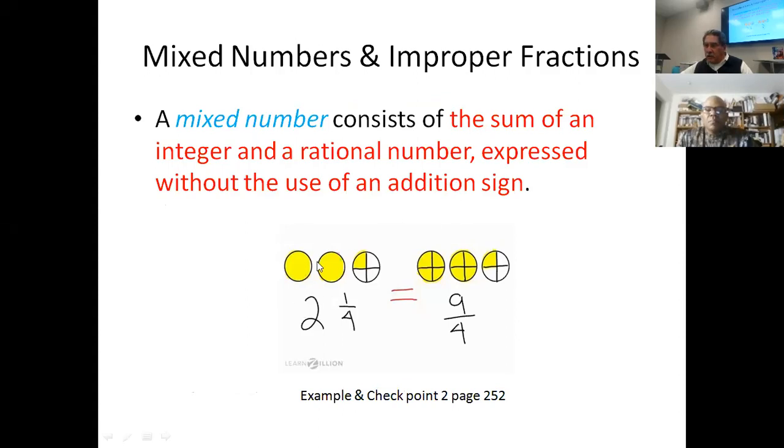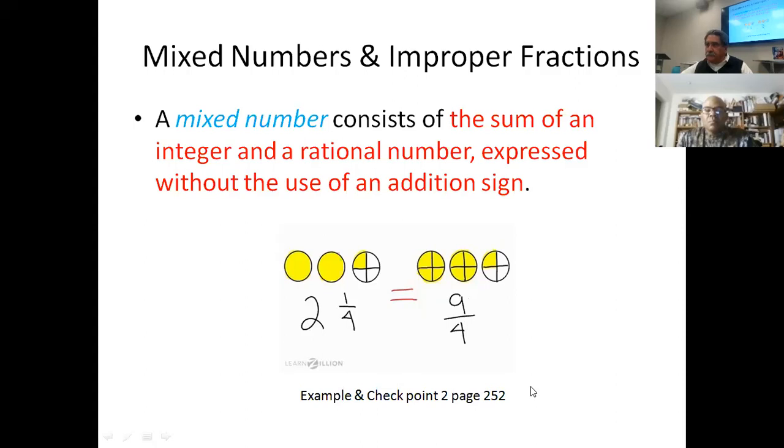So think of these graphs. 2 solid yellow circles and a circle that has only 1/4 of it yellow. I write it 2 plus 1/4, but I don't write the plus sign anymore. Or if I want to write it as an improper fraction, take 4 multiplied by 2, 8 plus 1, 9. Which we just did in checkpoint 252.